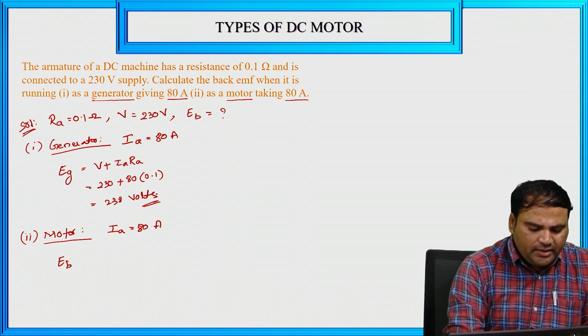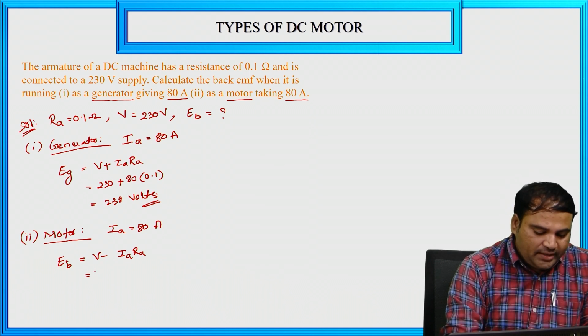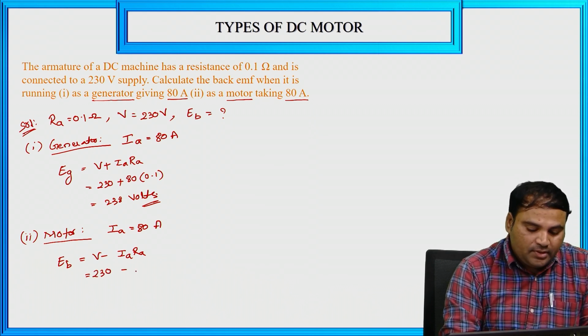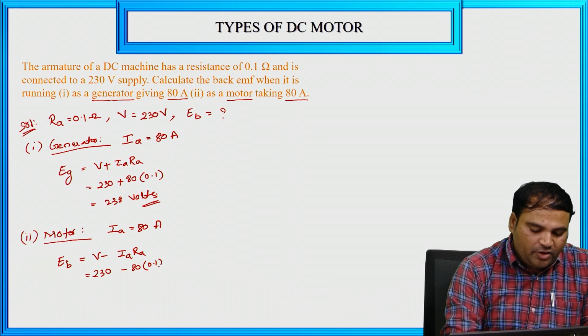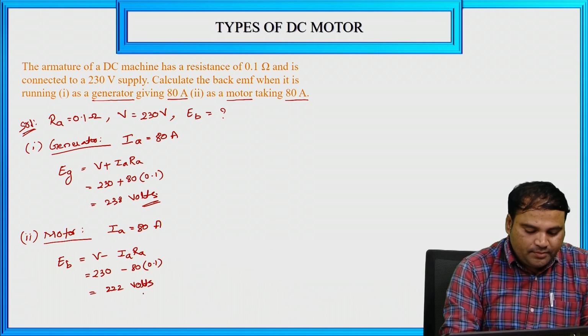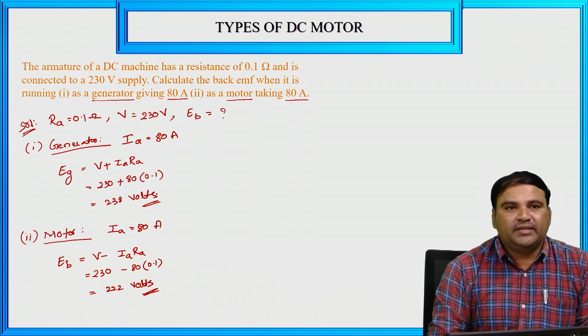So here EB equal to V minus IA into RA, that equal to, what is V here? 230 minus IA 80 into armature resistance is 0.1. Now by solving this equation, we'll get 222 volts is the back EMF of given shunt wound DC motor.